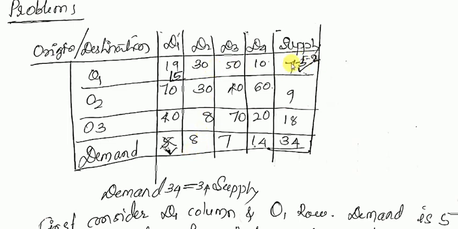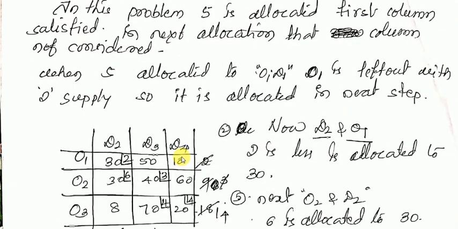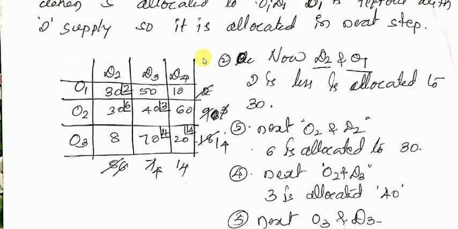Of these two, the 2 is allocated for 30, and 8 minus 2 will remain 6. In this second table, 2 is allocated here, the first column has been eliminated, and 8 minus 2 is 6.